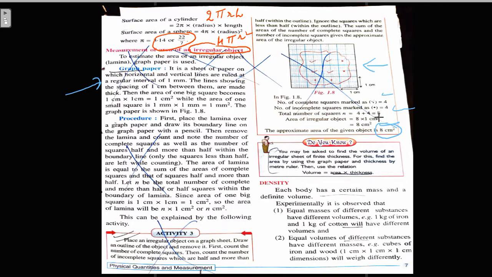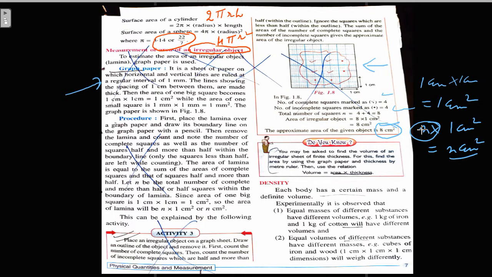Why do we multiply it here with 1 centimeter square? Because area of one big square is 1 centimeter into 1 centimeter equal to 1 centimeter square. So we multiply it with this, right? So we use the formula here, n multiplied by 1 centimeter square equal to n centimeter square.